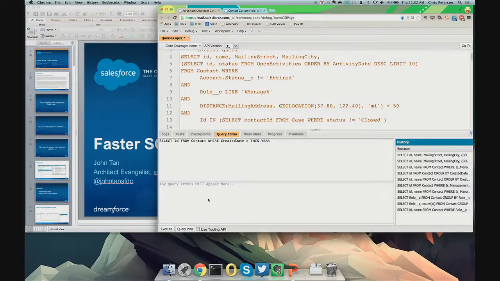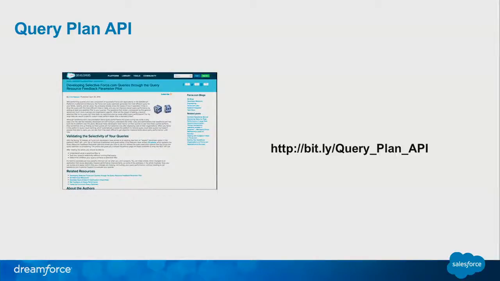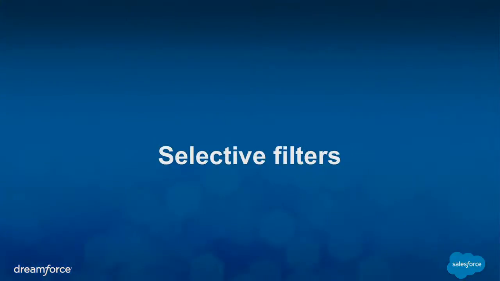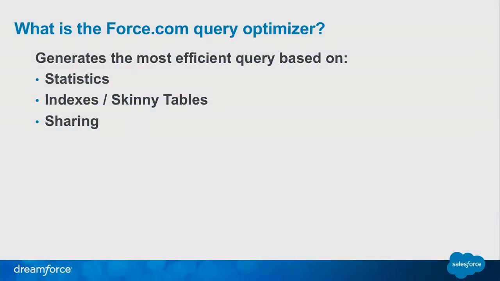All right. Before we look at the tool, and we'll have plenty of demos, let's provide some background information. As I said earlier, the goal here is to write selective queries. In order to write selective queries, you have to understand what the Force.com Query Optimizer is and what it's doing. Whether you're writing SOQL, creating reports, or list views, that's going through the Query Optimizer.